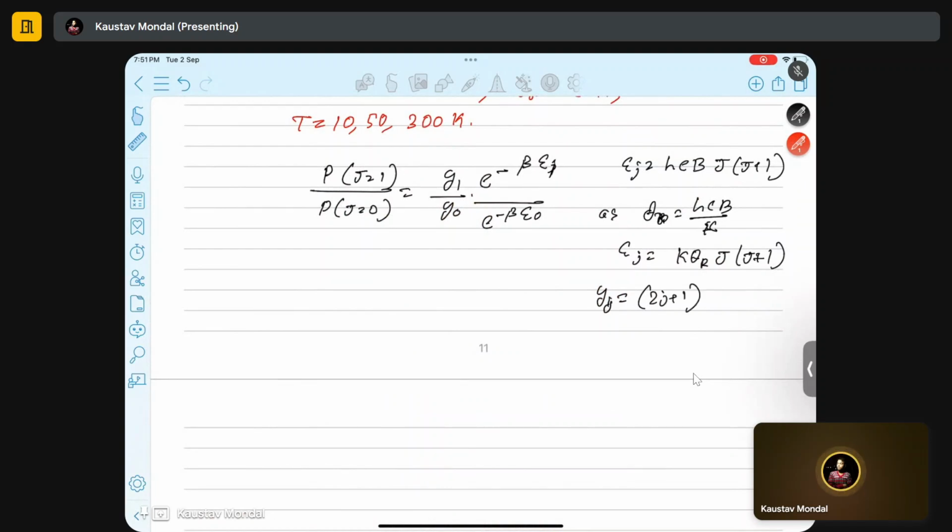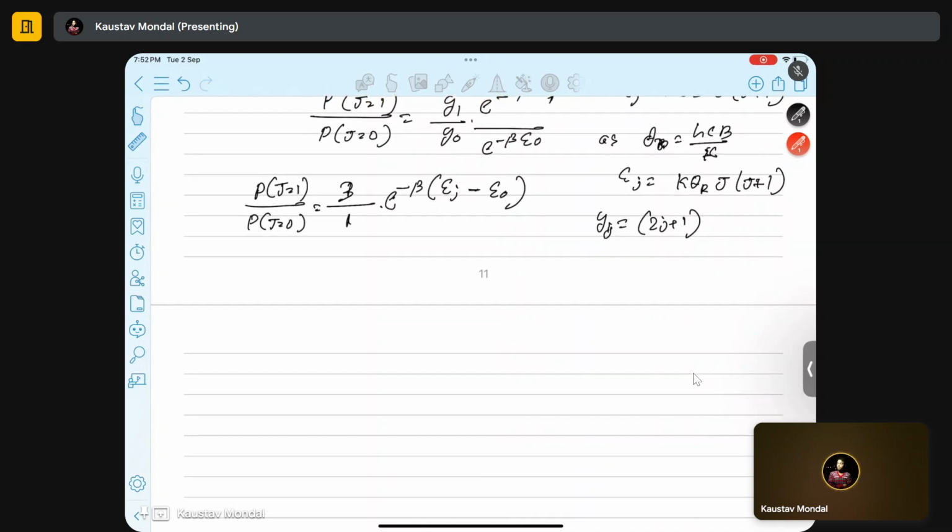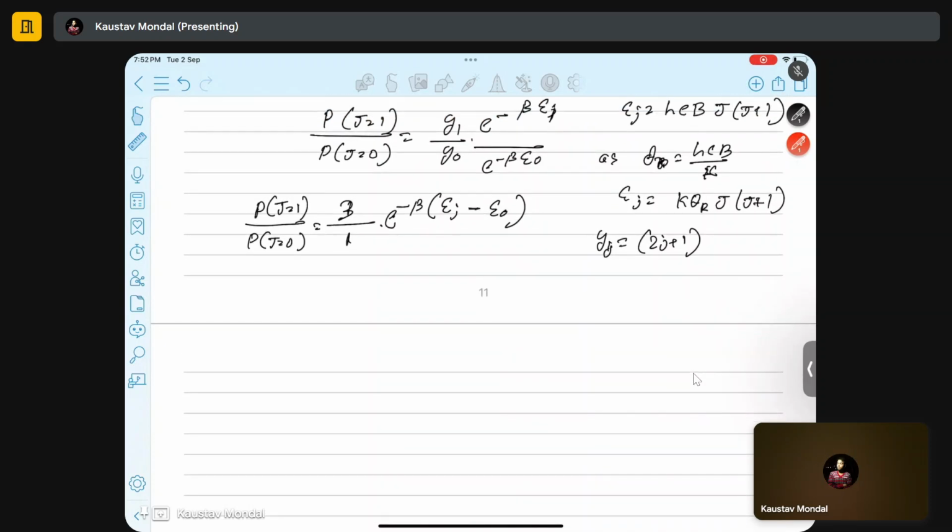So the population would be P_J. For J=0, g_0 is 1, sorry, g_1 would be 3 and g_0 would be 1, and e to the power minus beta (E_J minus E_0). Okay, so now from here, E_J is k theta_r.